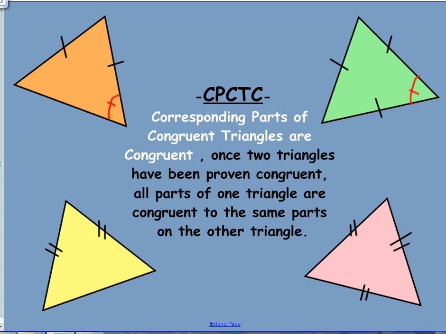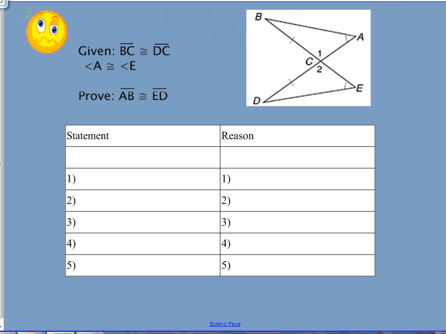All right, so I'm going to apply this to a proof that we have here. So I have given that BC is congruent to DC, and that angle A is congruent to angle E. All right, and I want to prove that AB over here is congruent to ED. So my first step is I can actually write my congruent statements.